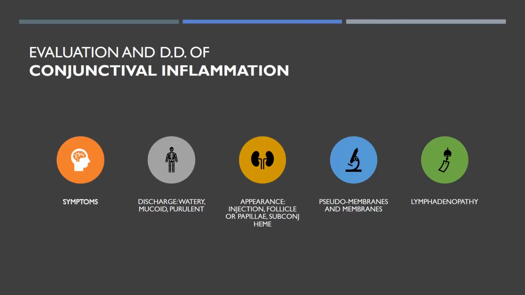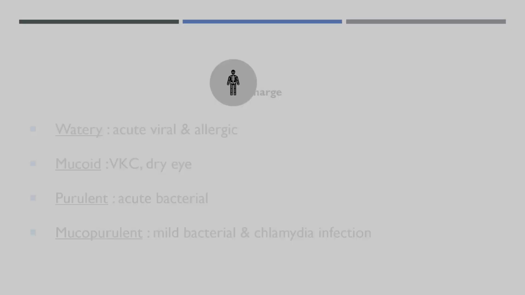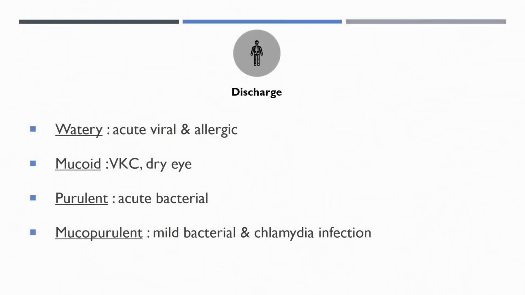The kind of discharge can indicate the cause of the conjunctivitis. A watery discharge indicates either allergic or viral inflammation. Mucoid discharge is seen in vernal keratoconjunctivitis, the seasonal allergy, and dry eye.